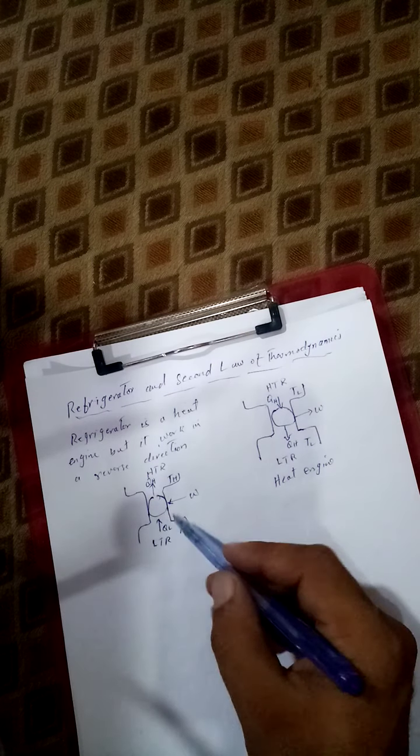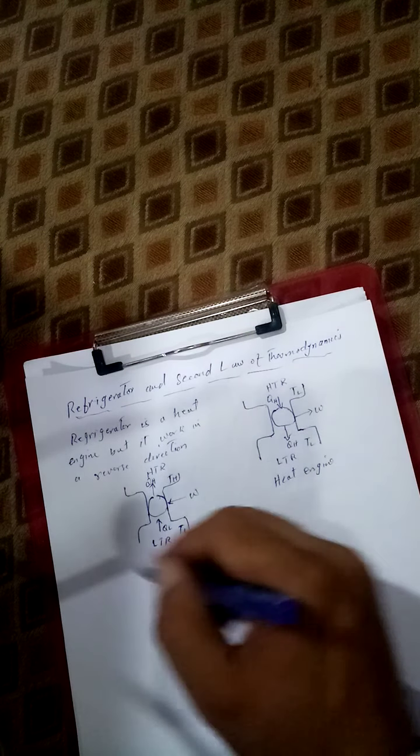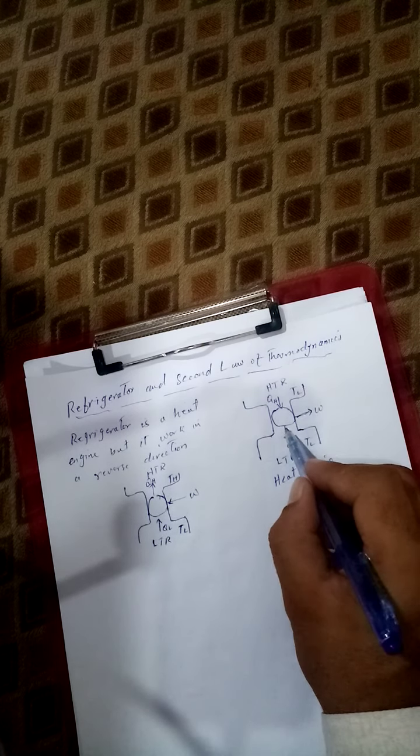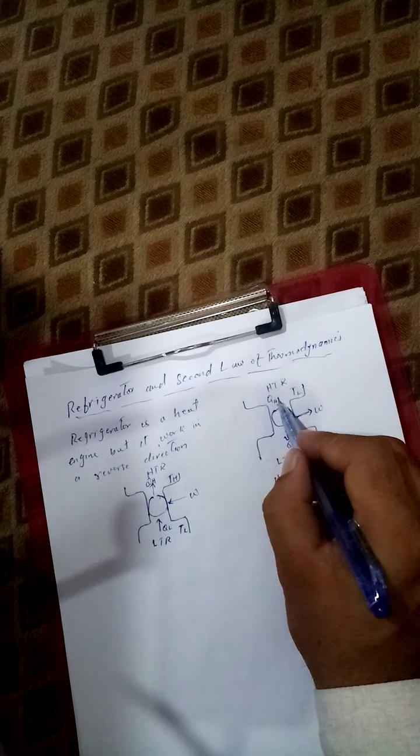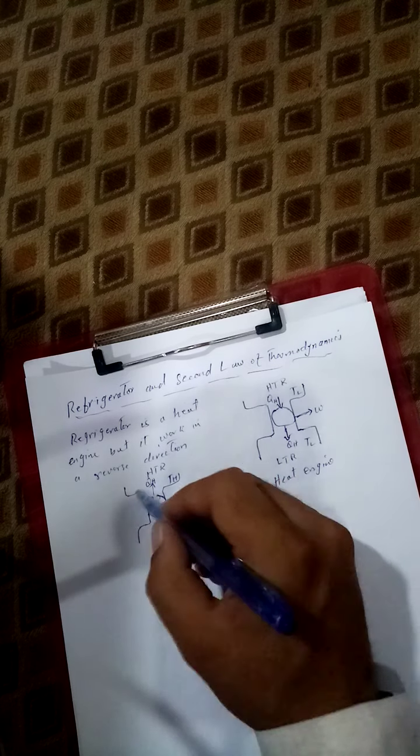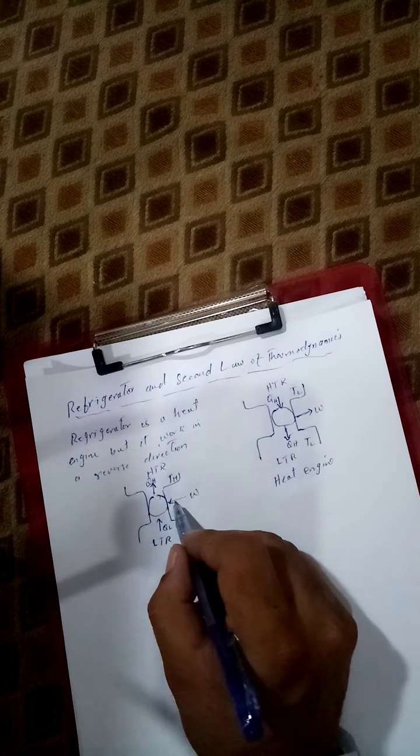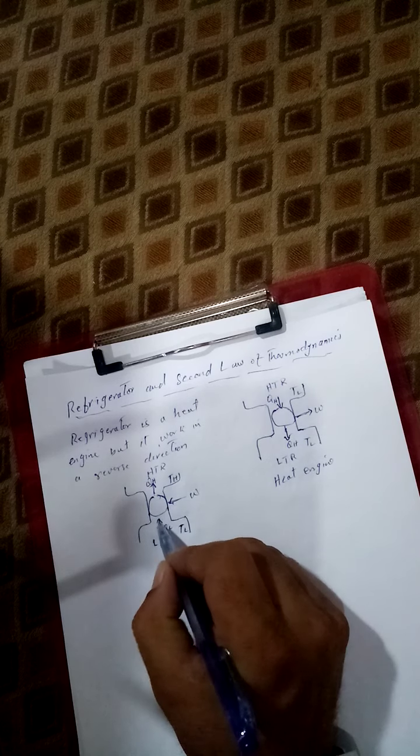So if we look here, everything is reversed now. The arrow sign here shows the output, and here this shows the input. Here this shows the output and this shows the input. So they are reversed now.